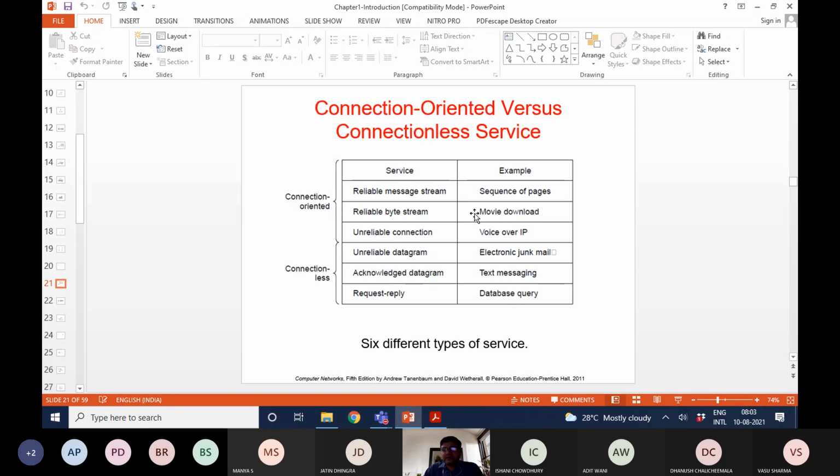Then there is movie download. Whenever we download a movie, again we use the reliable byte stream service, so we need a connection oriented mechanism to get the movie downloaded.